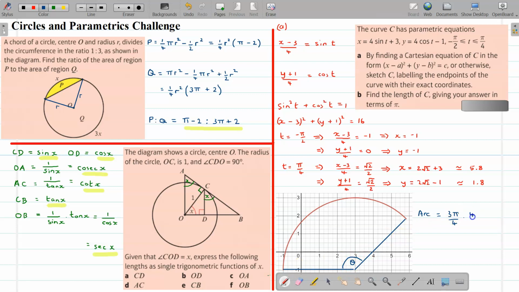Well, the 4's cancel, so it's simply 3 pi. And that is the answer to the question.